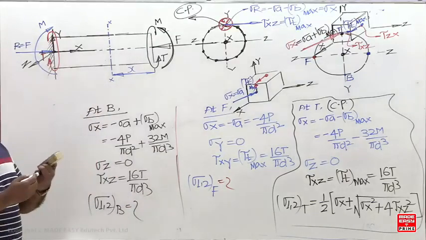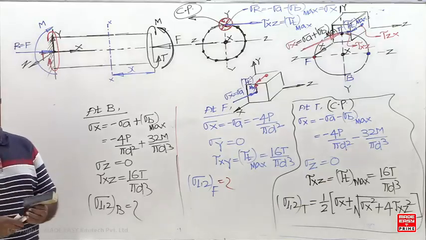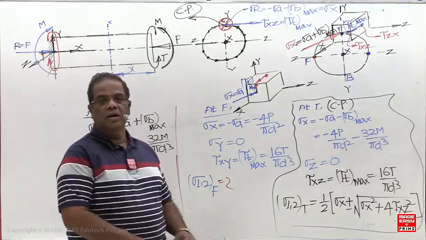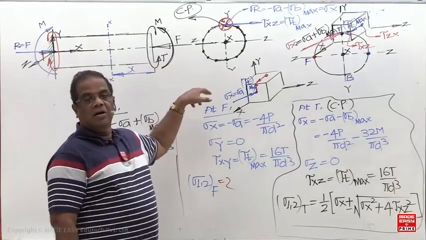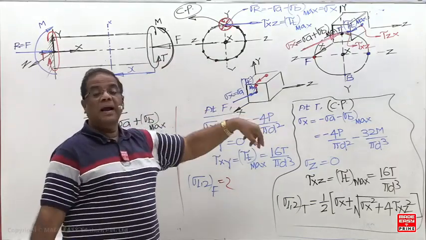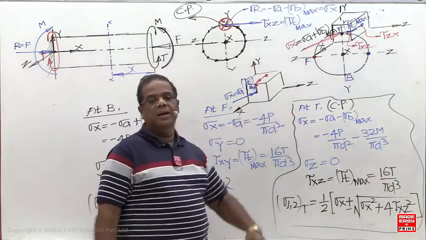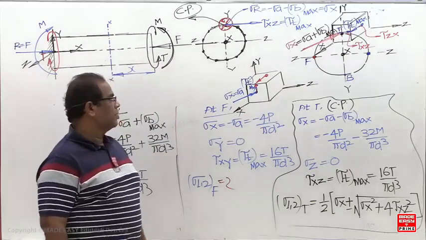Like this, point to point, the principal stresses change, so it is not possible to calculate everywhere. That's why you do the analysis at the critical point. In this question, principal stresses mean maximum tensile and maximum compressive, so you calculate at T. That's the critical point.